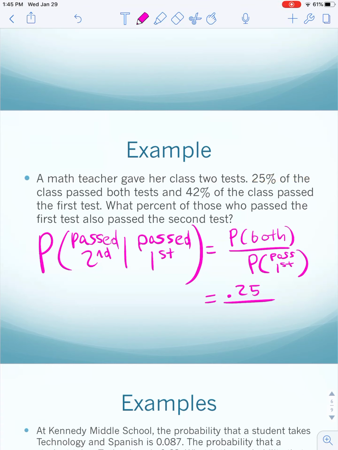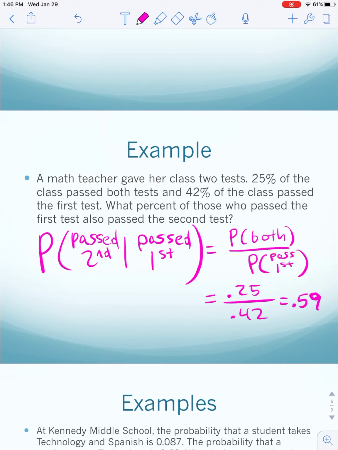They say 42% passed the first test. That's the given. So 42% passed the first test. And now I'm just going to divide. And it comes back as 0.595.